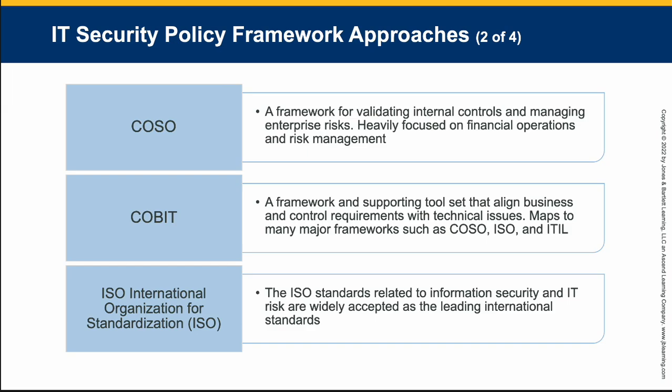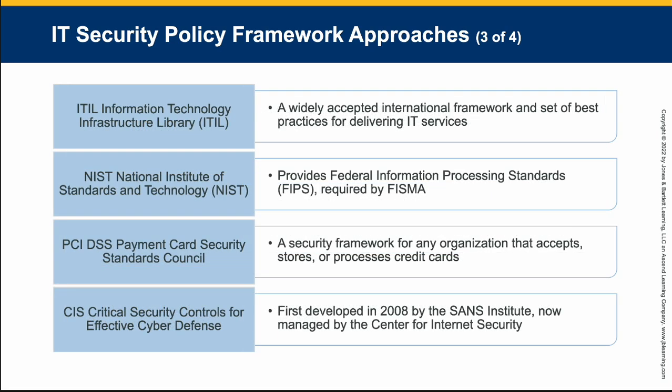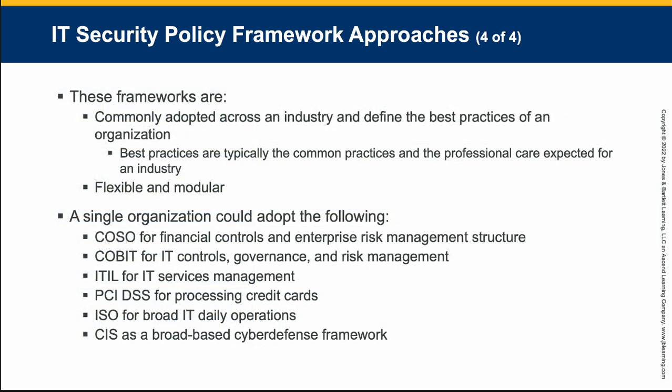Other than that, we have the library, ITIL, NIST, the National Institute of Standards and Technology, PCI, SOX. So these are the different standards that are available in practice today. So we talk about that.